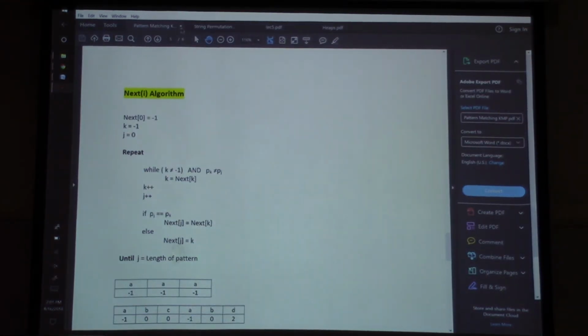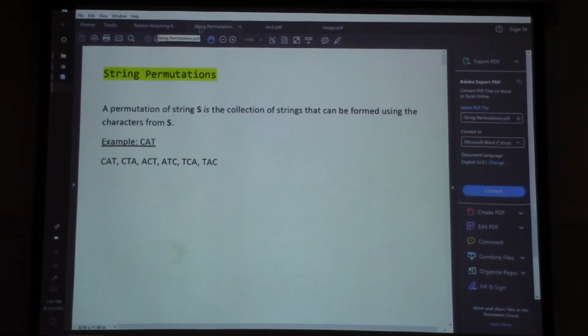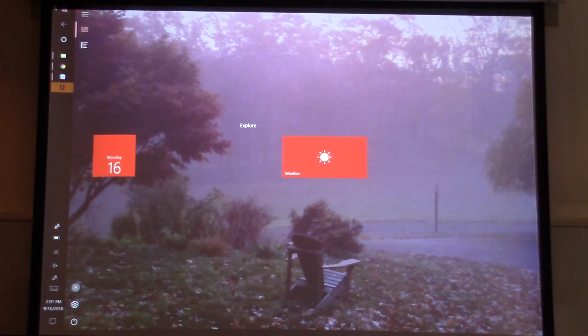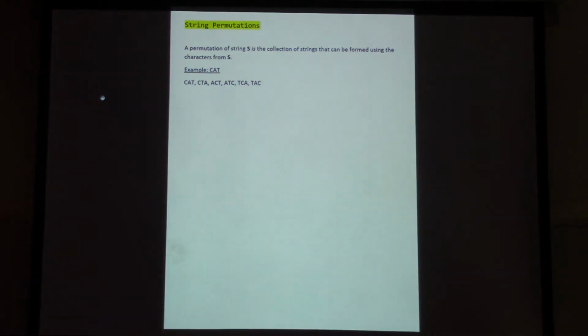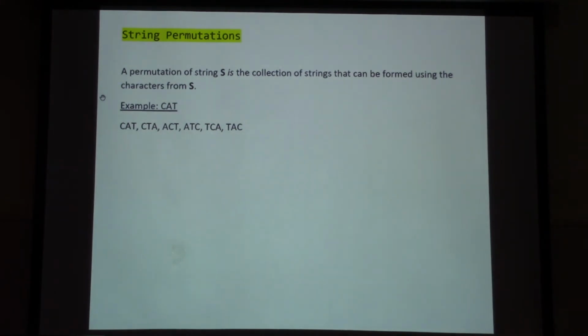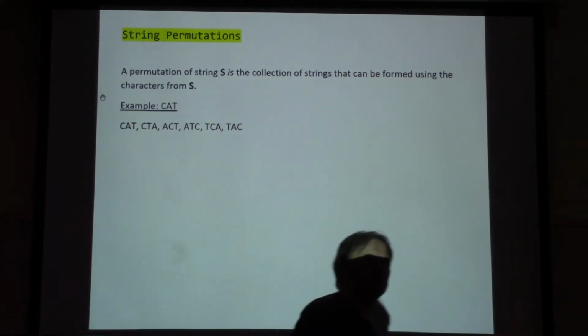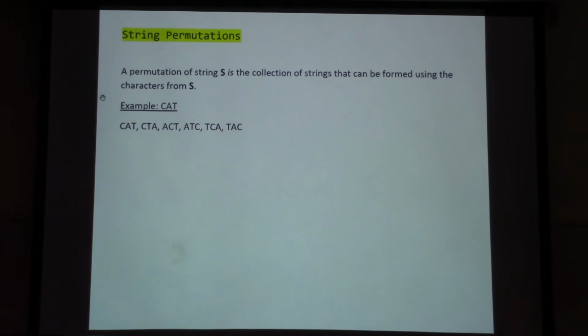The next thing I want to look at is permutations, or orderings, of strings. A permutation of a string is the number of different sequences that you can make by reordering all the elements in all the possible ways.